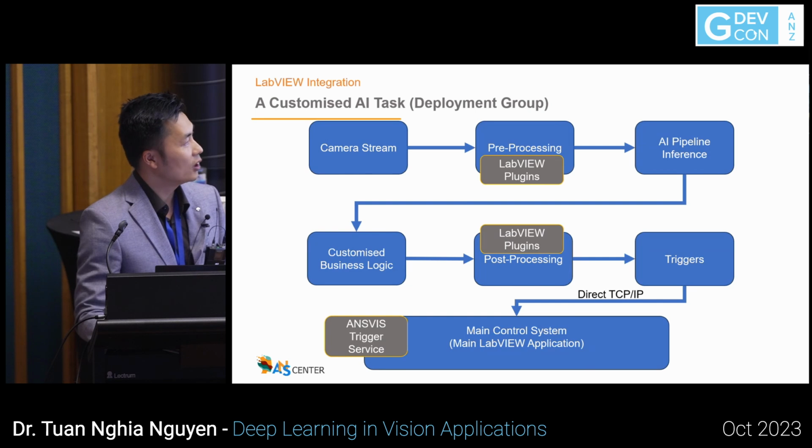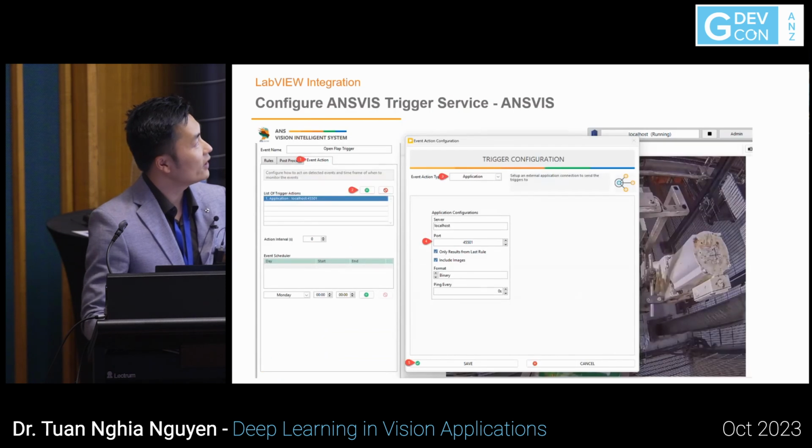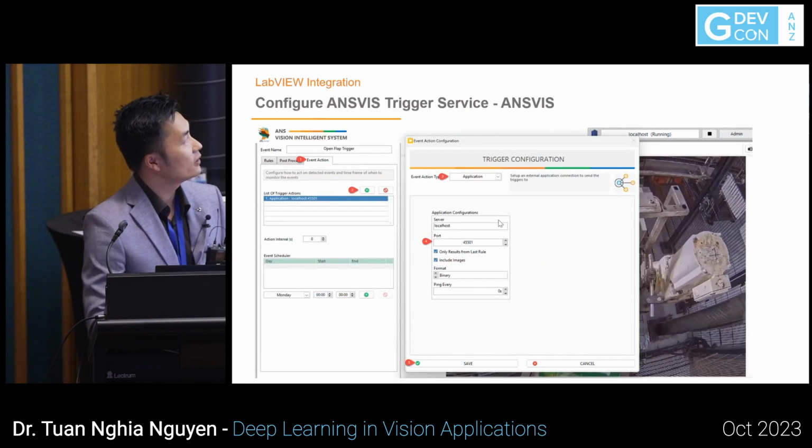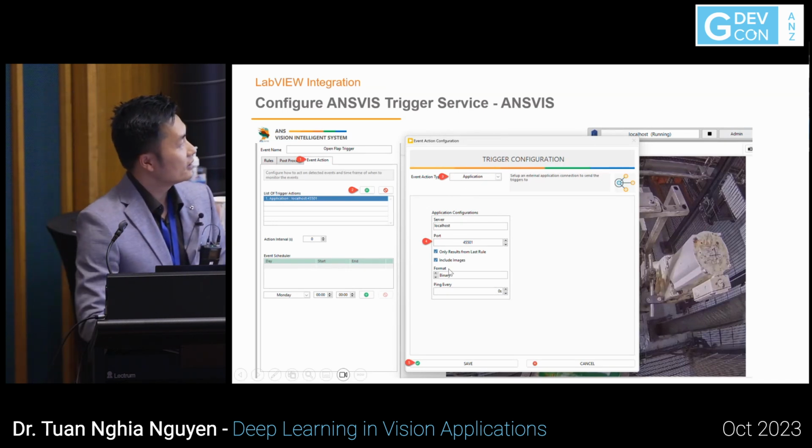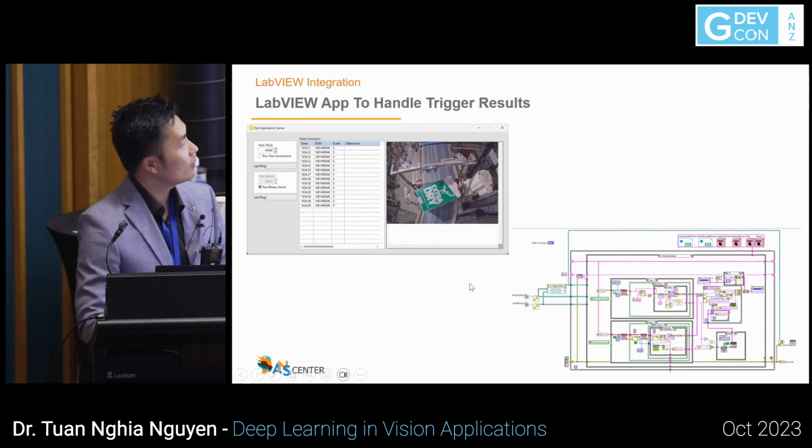It goes directly through TCP/IP integration, right? That's the ANSVIS trigger service. We provide the API, and in order to integrate, we select the trigger as the application, specify the IP address and port, and send all the data in binary. Then in the LabVIEW application, we just follow the protocol and handle all of the trigger results.